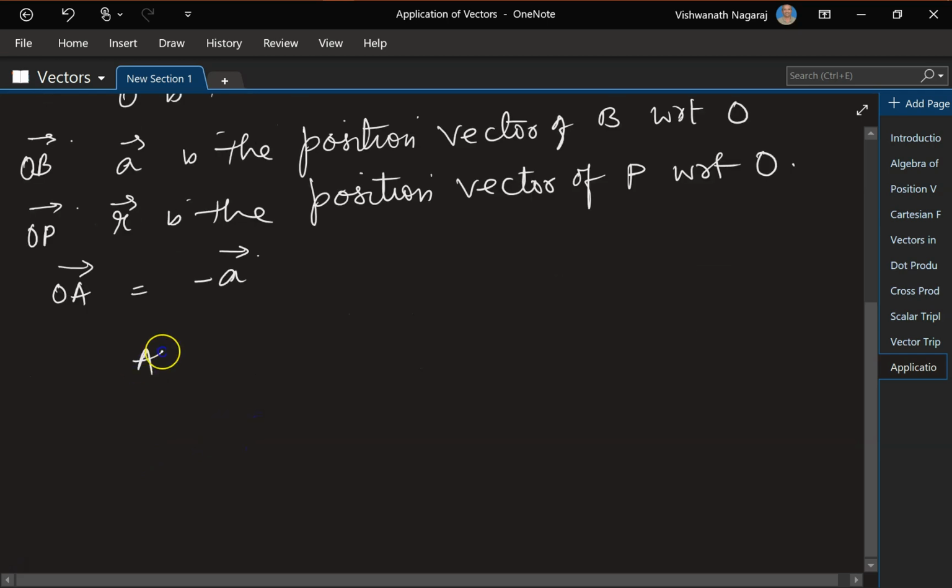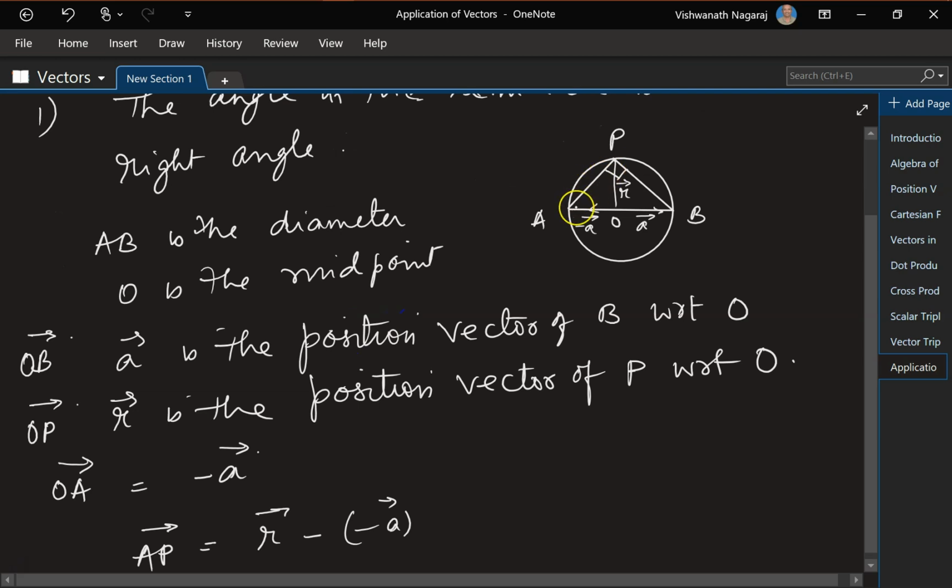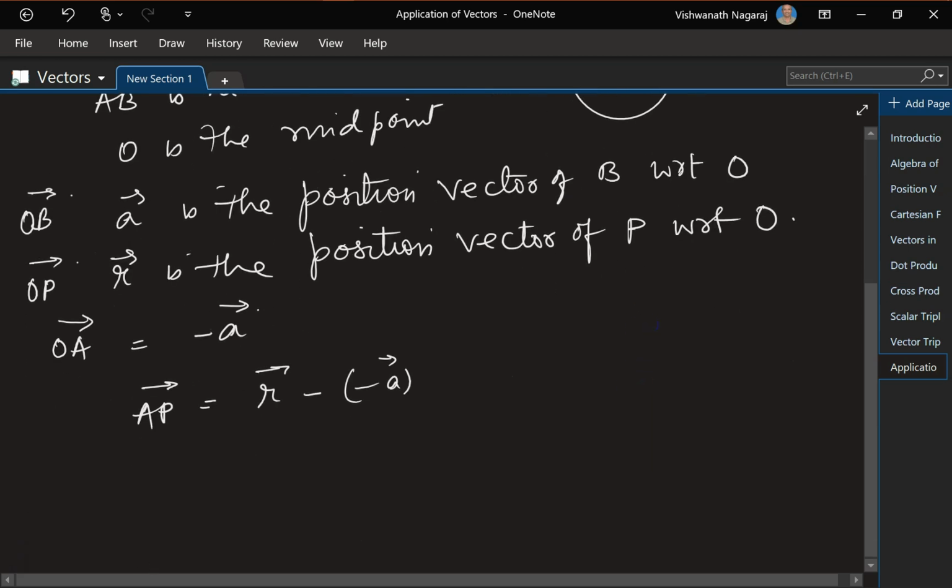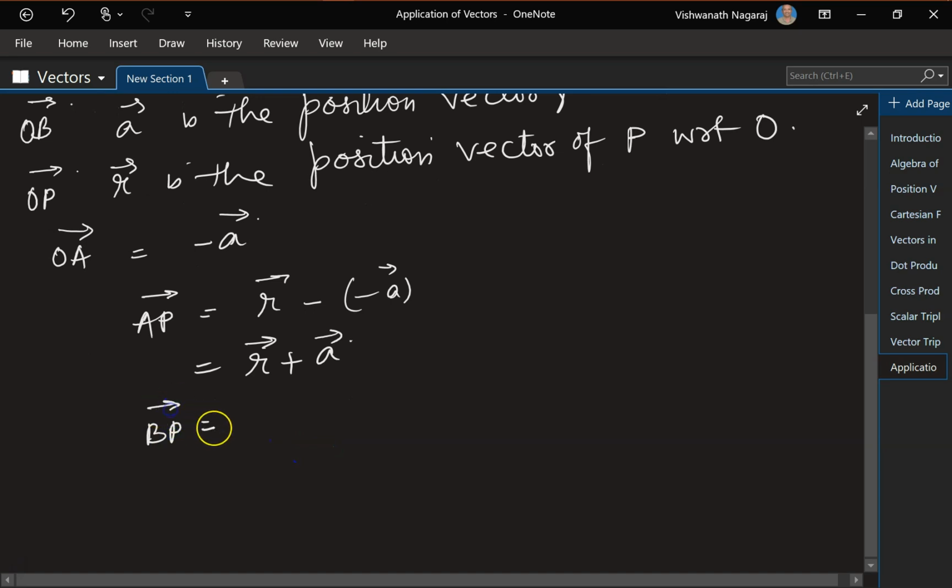Okay, so AP would be R minus A. AP would be R minus A, which means R plus A. BP would be equal to R minus A. Remember, magnitude of A equals R equals the radius of the semicircle.